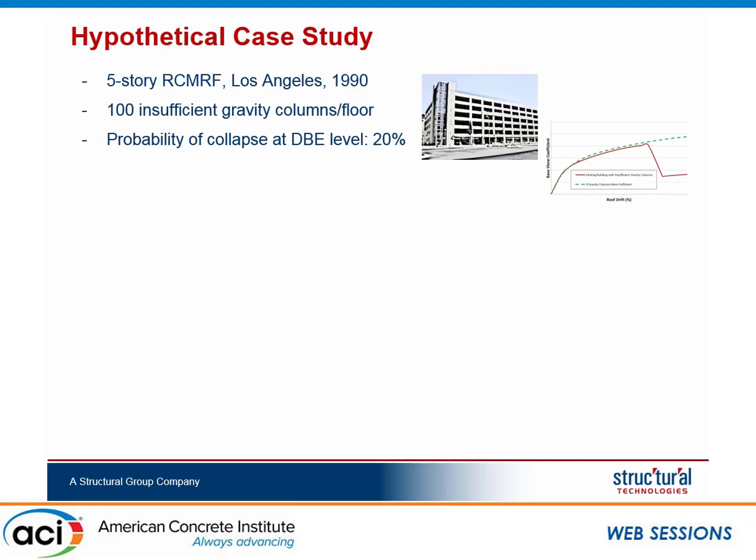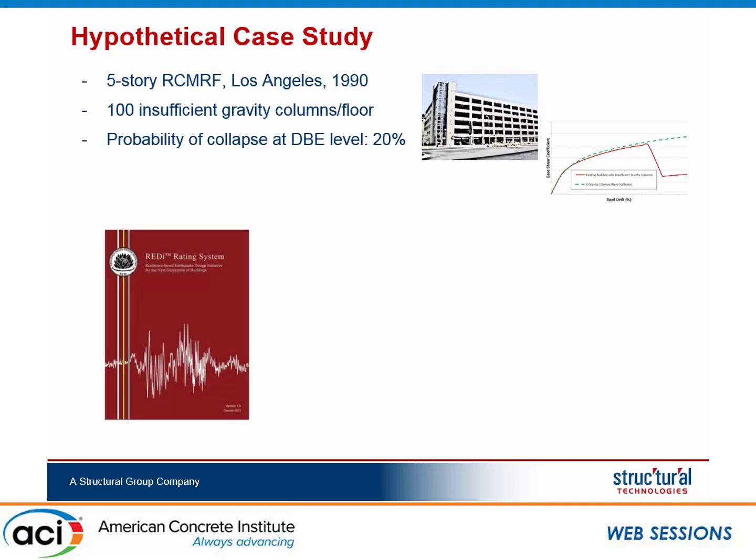Using the probability of collapse assessment procedures that people at AT&R group of Europe has, we came up with a 20% probability of collapse for this building under DBE. And then Europe has developed this platform that is called READY, that is for probability loss assessment of buildings.